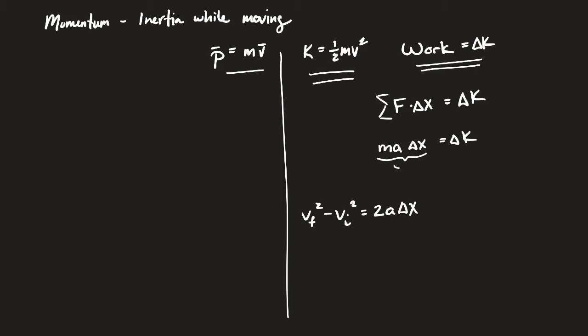Well, I see the a delta x there. And so through substitution, I was able to show that 1/2 m v final squared minus 1/2 m v initial squared equals delta k. We did this in class to demonstrate the work energy theorem.